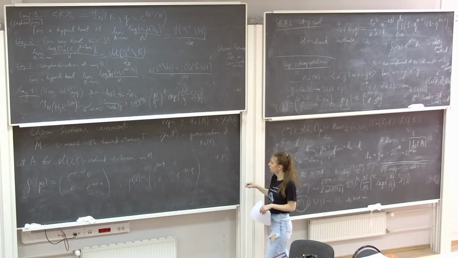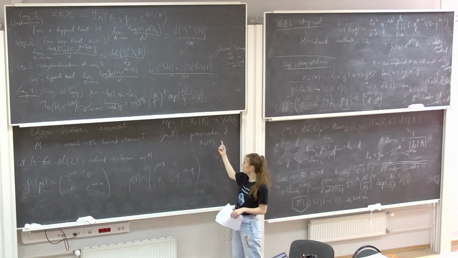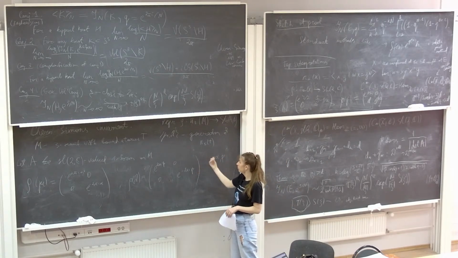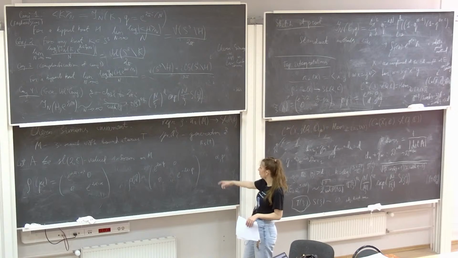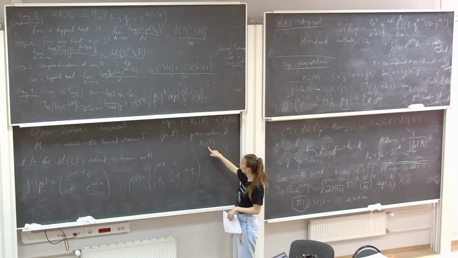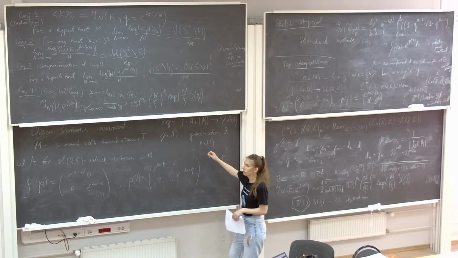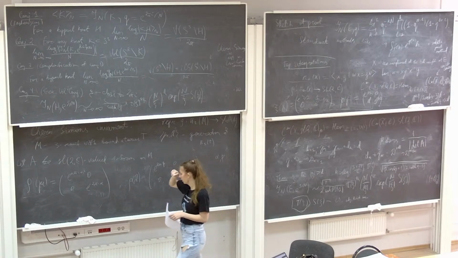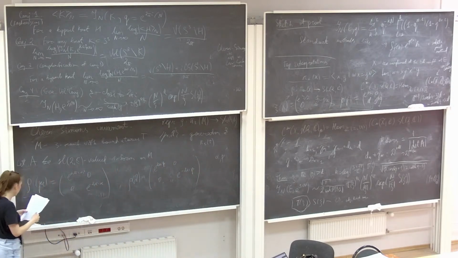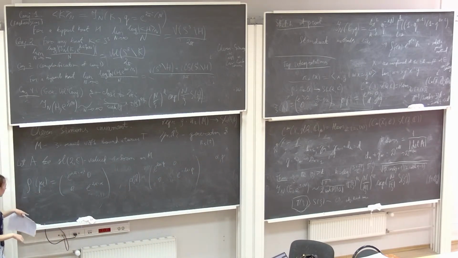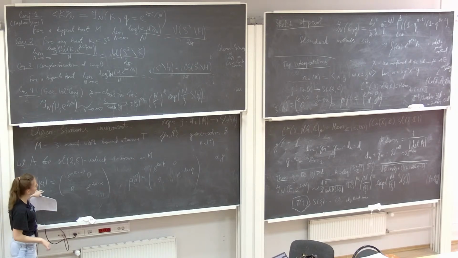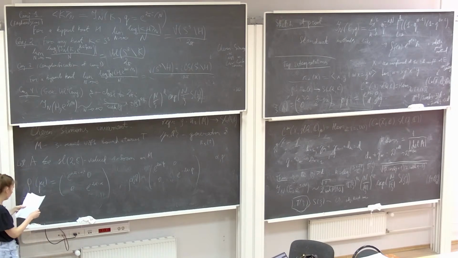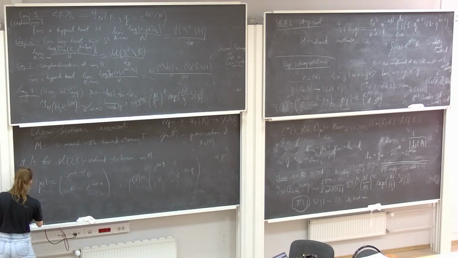If we have these two numbers, we can consider the representation which restricted to our boundary will give the following action, and the opposite way, by the representation we can extract these two numbers.